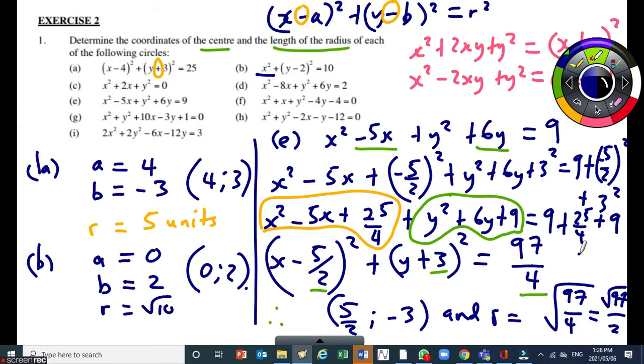Let's do one more which is a little bit complex. Let's do question I. It's a little bit more complex because the coefficients of x squared and y squared are not equal to 1.